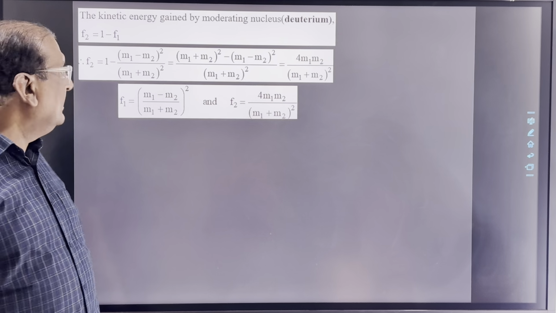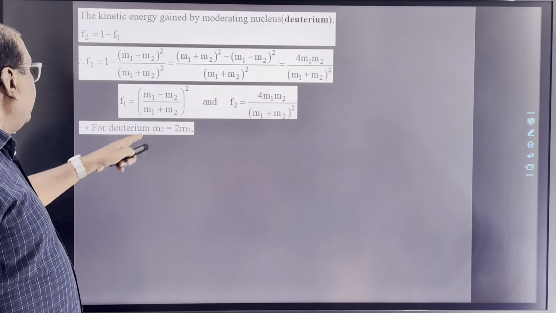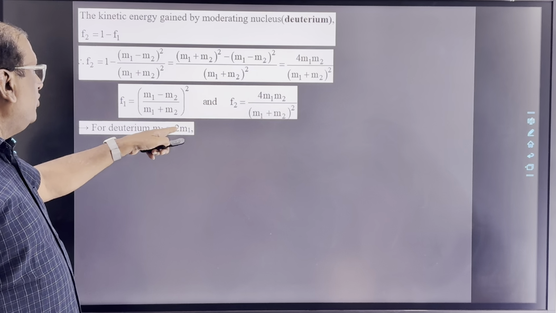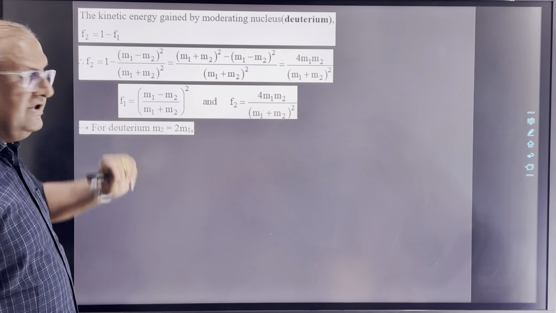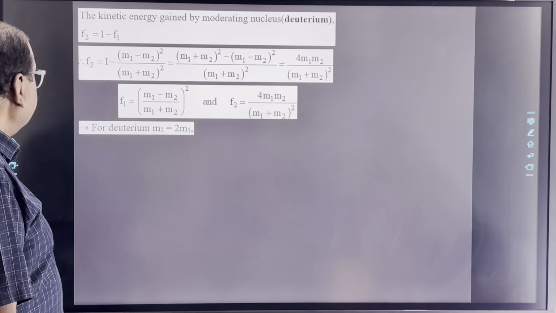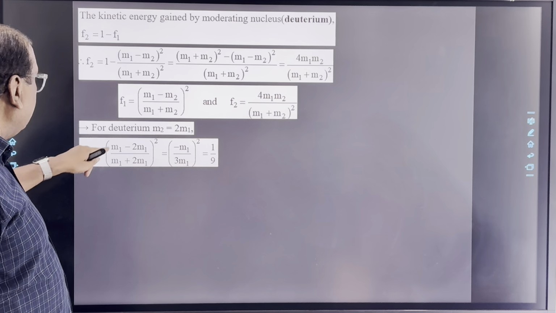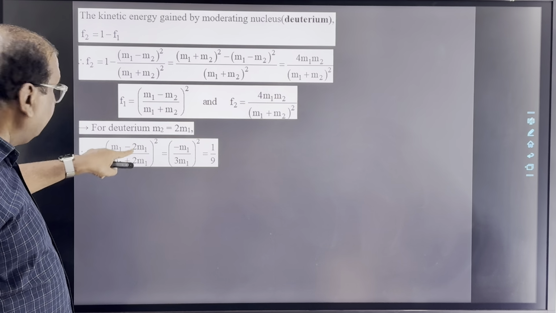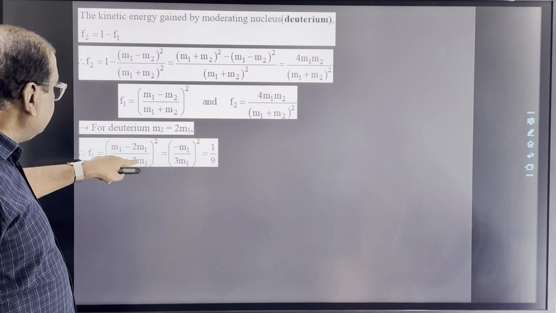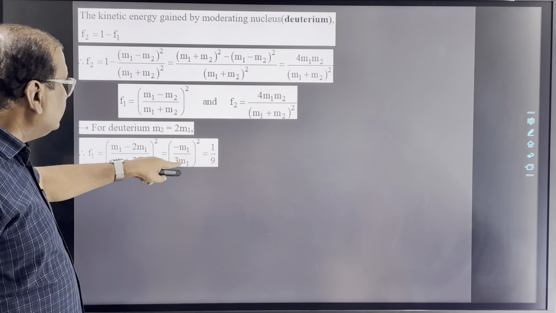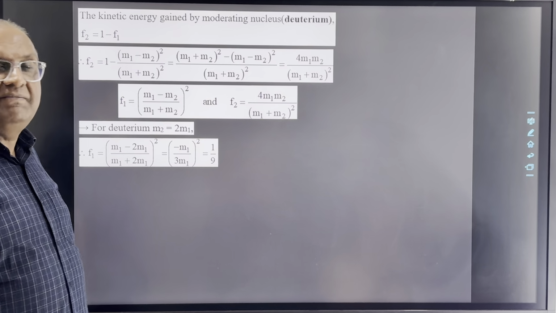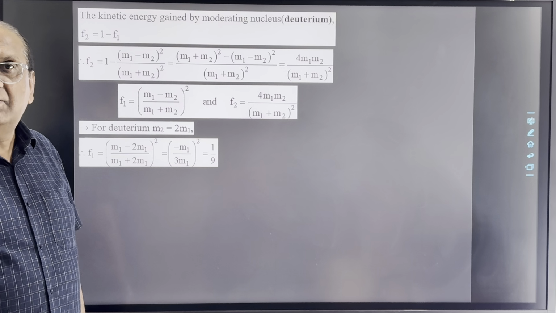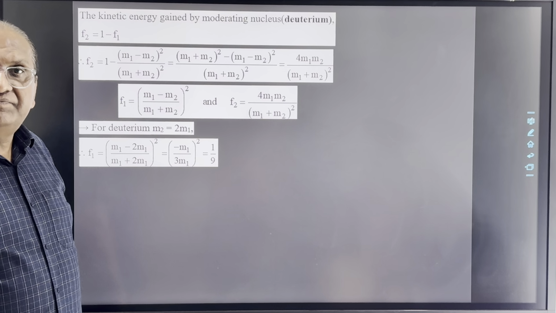So m2 equals twice m1. If we substitute in these equations, then F1 is equal to (m1 minus 2 m1), since m2 is replaced by 2 m1, upon (m1 plus 2 m1) whole square. If you simplify, you will get 1 by 9.